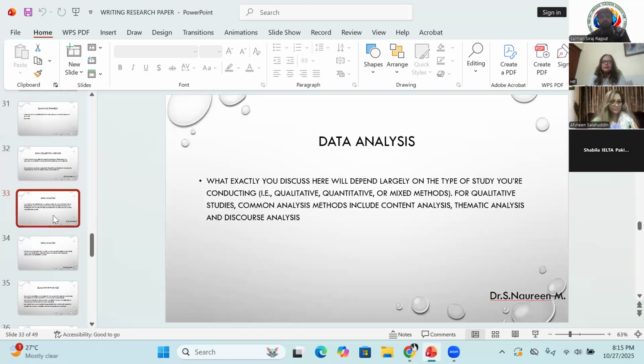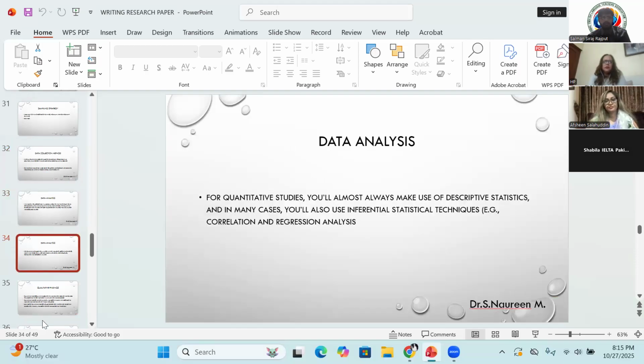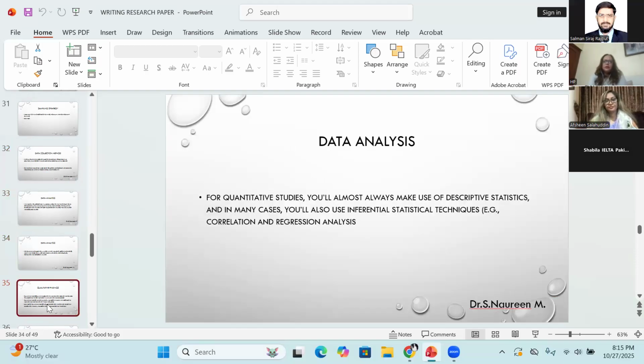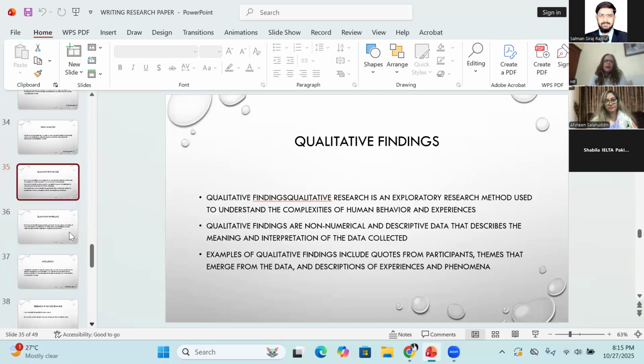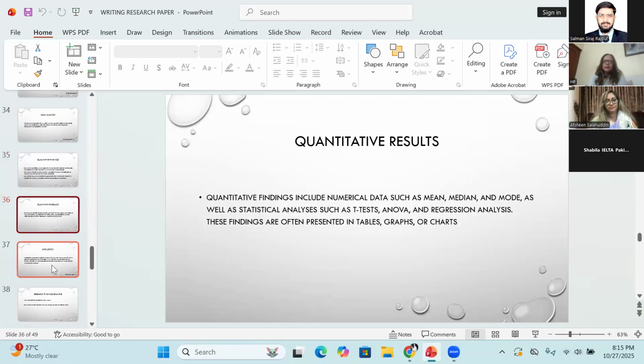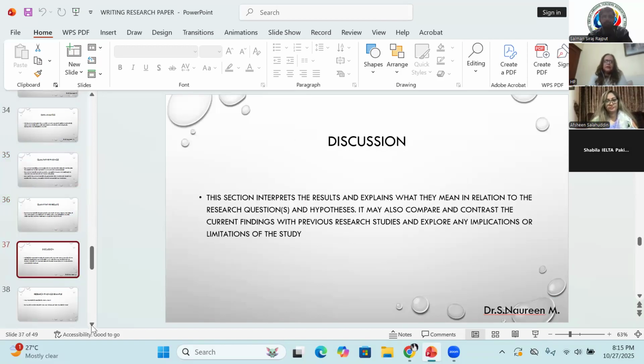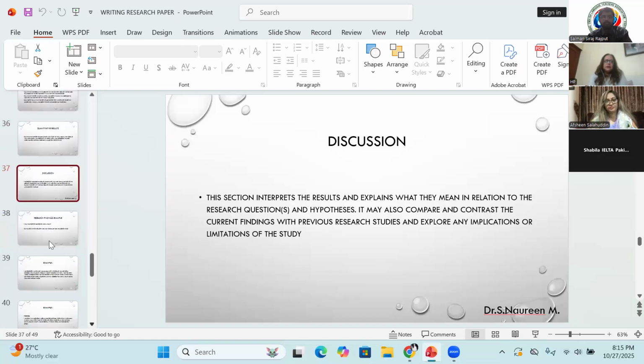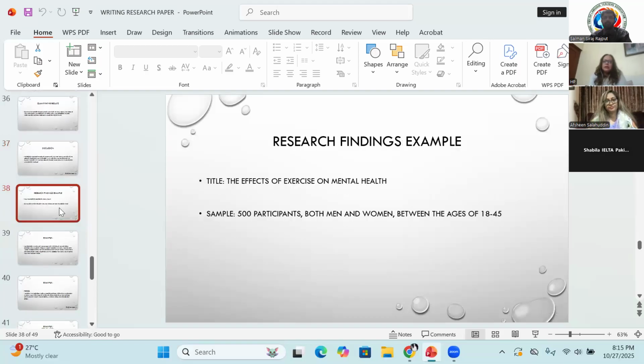These are the steps, these are the stages that are going to occur one after the other when you're writing your research paper. So, nothing is new actually. It's just the technique of how you would handle the data and how you would handle this writing. So, this discussion is part of paper writing, then research findings.